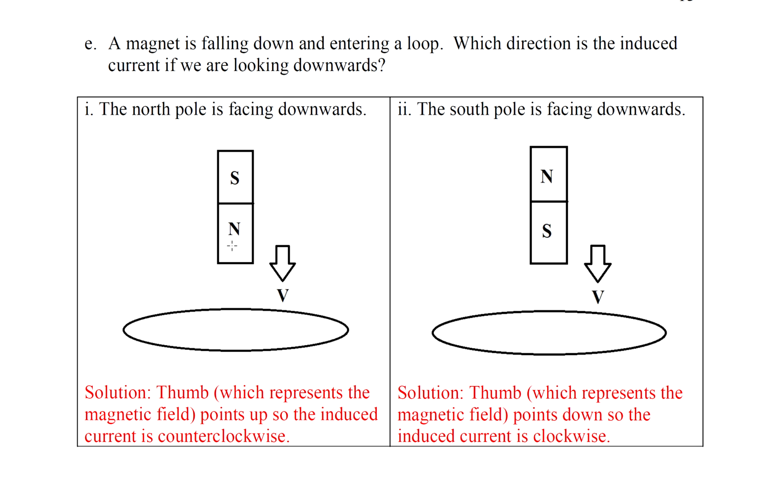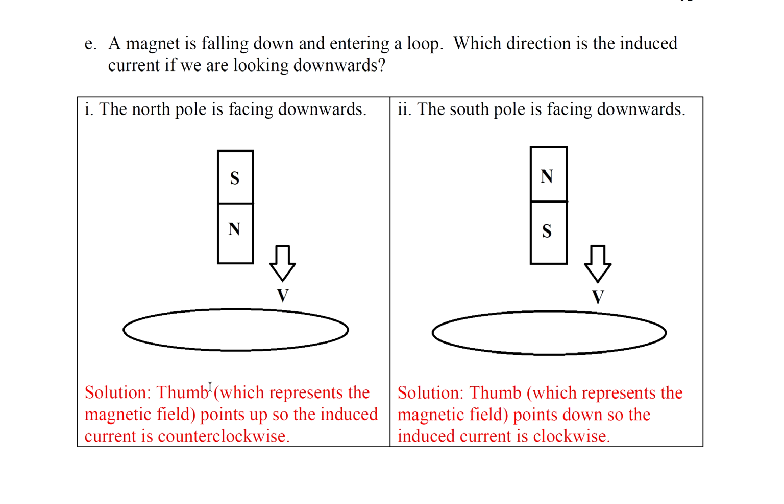The North Pole is down, the South Pole is up. You know the magnetic field lines go from north to south, yeah? You could draw magnetic field lines in part I. They point from north to south. So the thumb is going to point up. So the induced current is counterclockwise for part I.